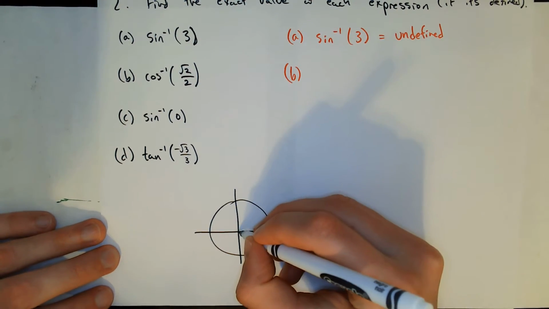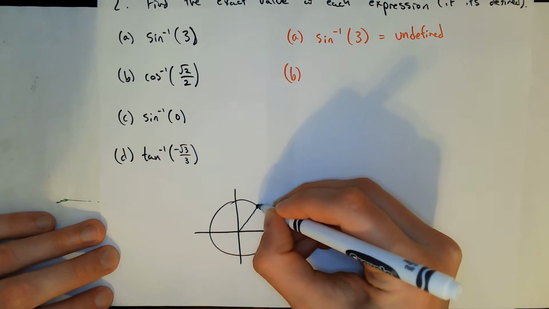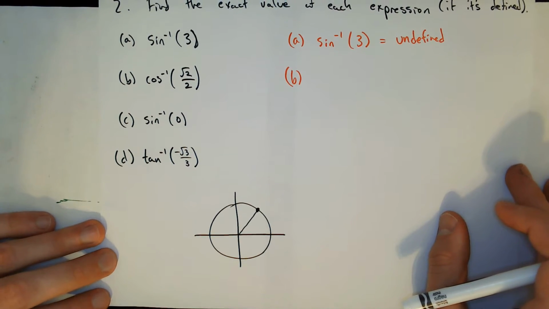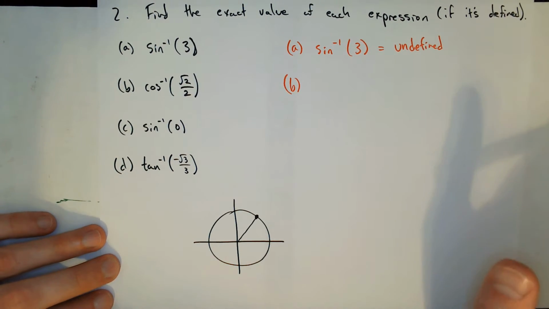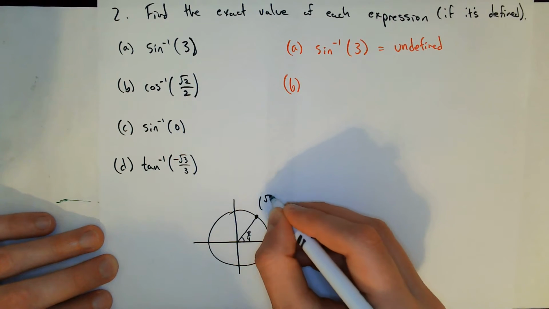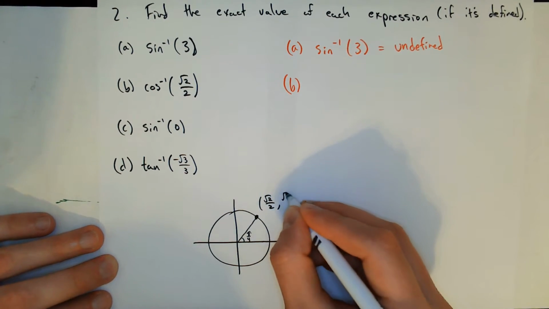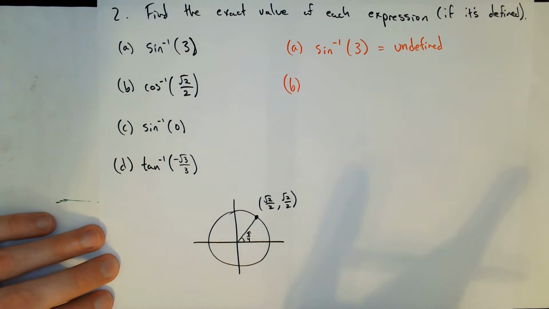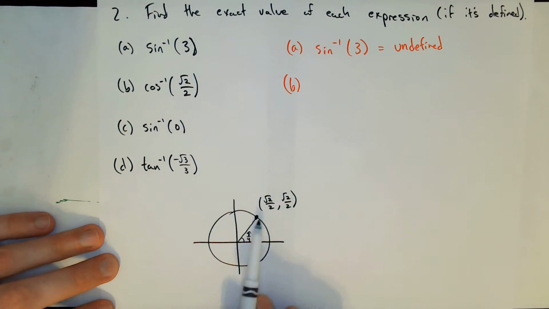Now you will see that there are 2 of them. There's going to be the pi on 4 angle. Oh, by the way, did I say? Let's do radians. Okay, so there's an angle pi on 4 that has output square root of 2 over 2, and we don't really care about the y value. It does happen that it matches.